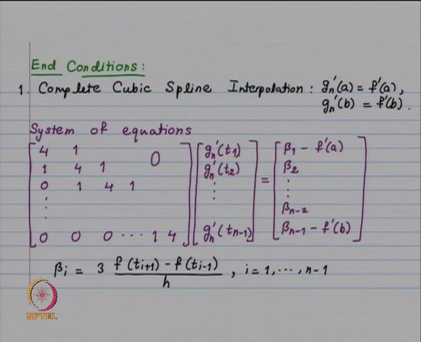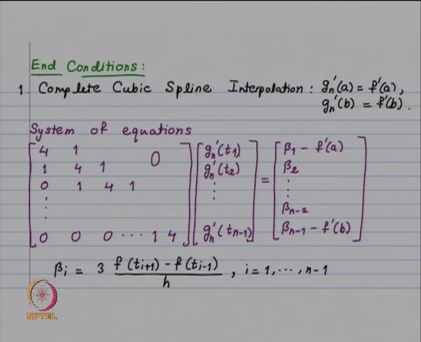If the matrix is diagonally dominant, then it is invertible, and hence the system of equations will have a unique solution, and thus we calculate g n dash at T I for I equal to 1 up to n minus 1 by solving this system of equations. The right hand side is known, and this is known as complete cubic spline interpolation.